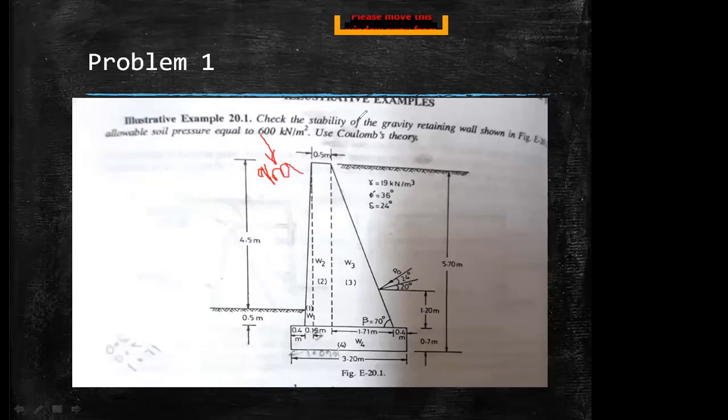So check the stability means what is that we need to find out? What are the unknowns? Stability regarding what factors do we need to check? Sliding, overturning, and tension and bearing capacity, right? So we need to calculate the factor of safety for all these, right? So let us calculate the factor of safety.